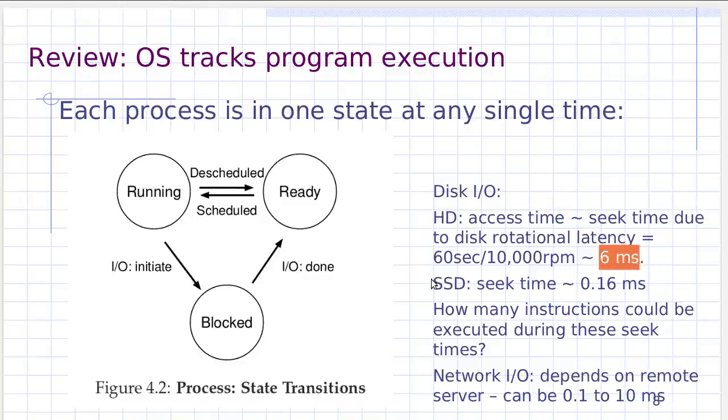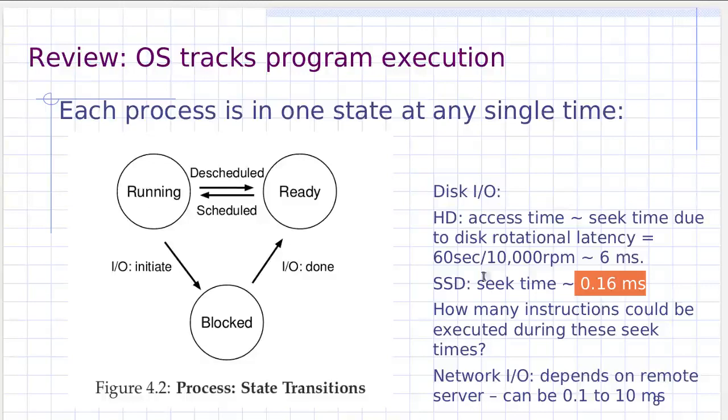Of course, now that we have SSDs, things are faster, but there is still a seek time of about 0.16 milliseconds. A 10,000 RPM disk is fast, and SSDs are even faster, but it's not instantaneous. So even with SSDs, you still have the same problem: some finite seek time. You might as well let something else execute during that seek time.